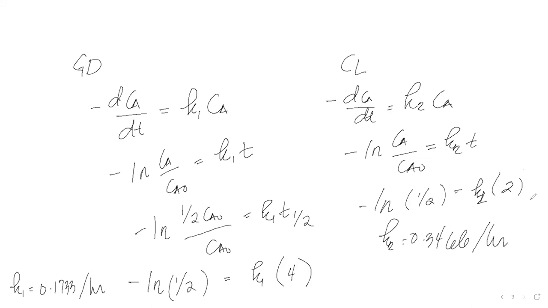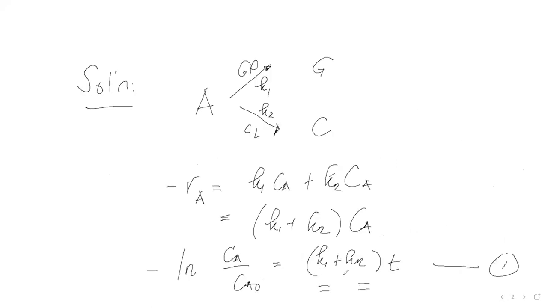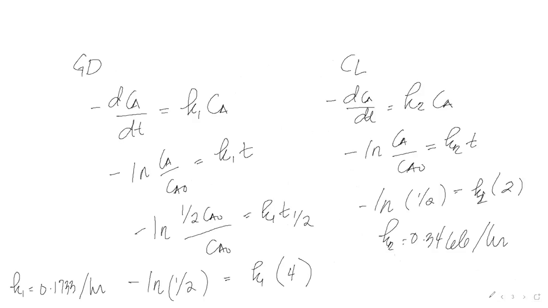Now, if you know both your K sub 1 and K sub 2, you can go back to the equation that you set in here. Since you already know K sub 1 and K sub 2, everything will be a substitution.